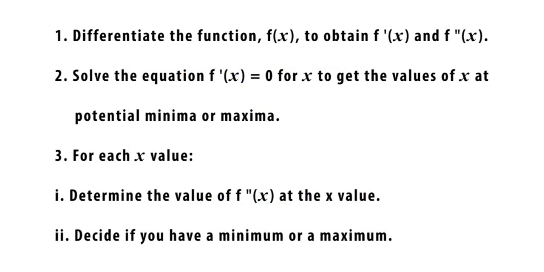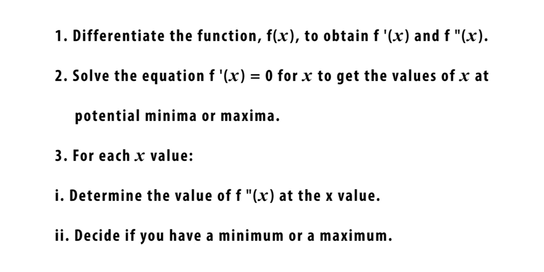Differentiate the function f of x to obtain f prime of x and f double prime of x. 2. Solve the equation f prime of x is equal to 0 for x to get the values of x at potential minima or maxima.